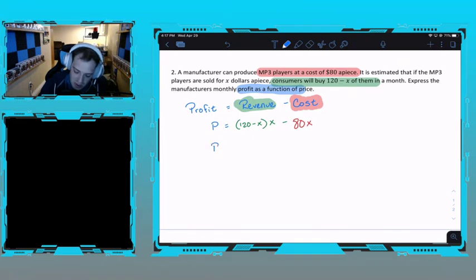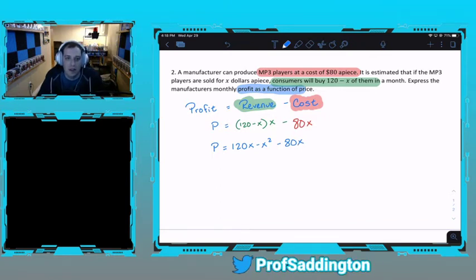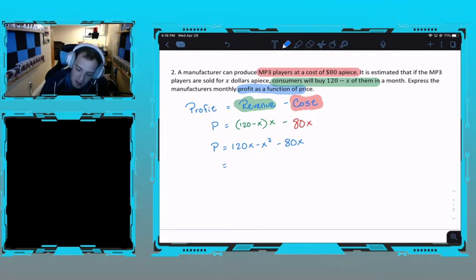So I can distribute my X into that first parenthesis, and I'm going to have 120X minus X squared minus 80X. Now I can combine like terms. 120X minus 80X is just going to be 40X minus X squared.